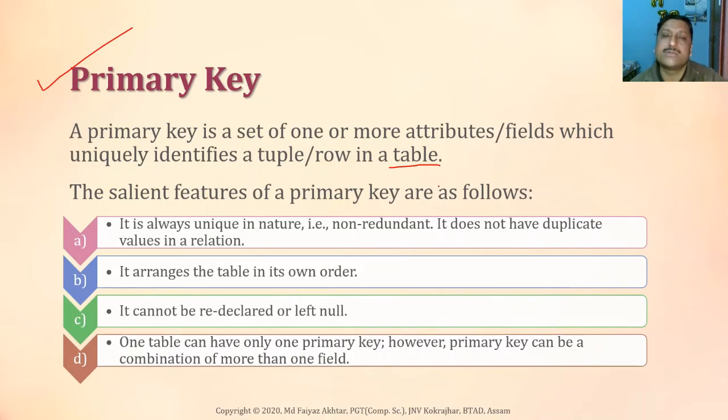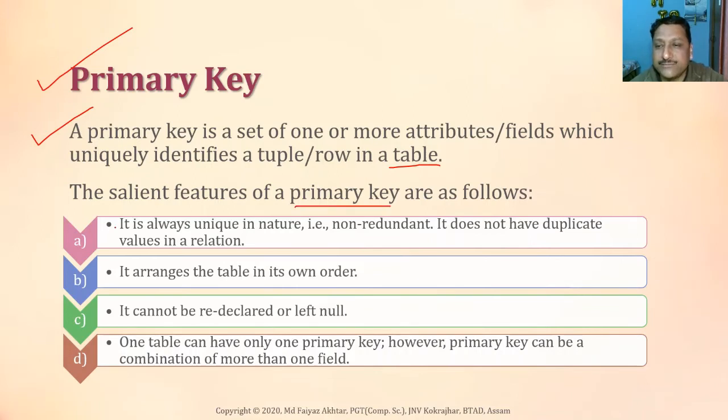Or sometimes only one column or one number is sufficient to uniquely identify a particular row. So the column which has those numbers is known as the primary key. The whole column is known as the primary key. For example, the roll number column in a student table is said to be the primary key of that table.